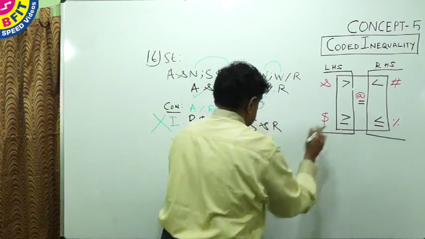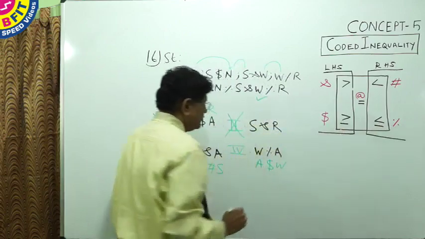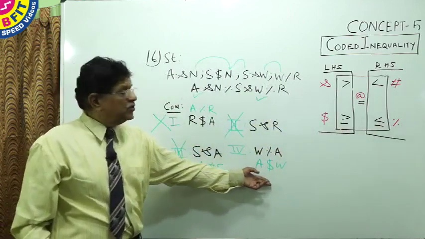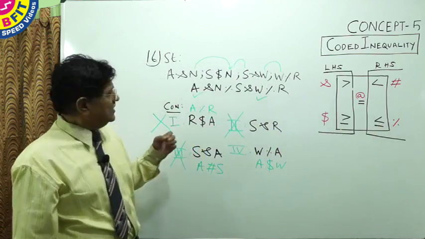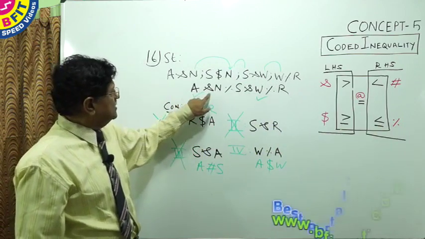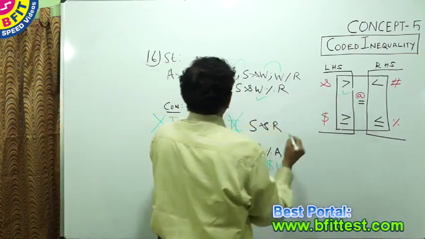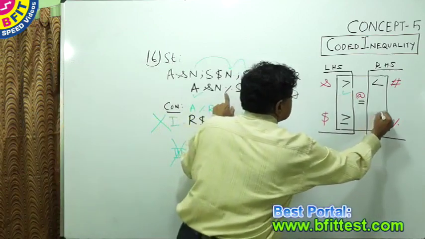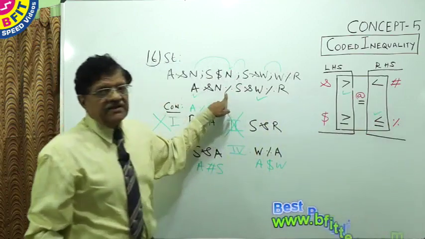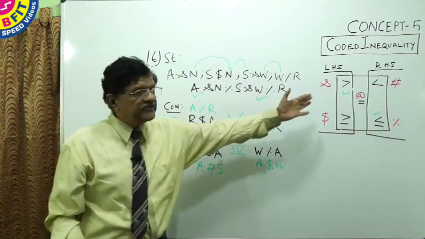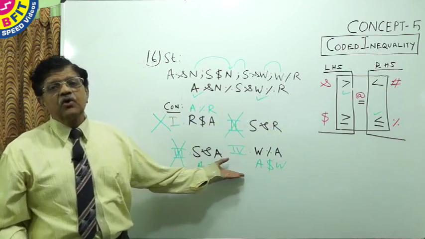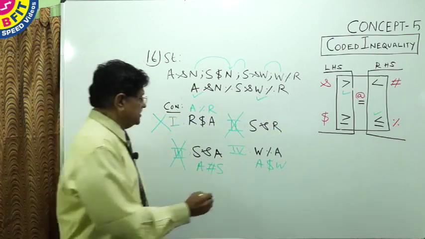Opposite to percentage is dollar. Now, we have to verify whether A dollar W is true. Now, let us see in the magic box. Which are all the symbols? Ampersand, percentage. We need not verify further. Why? We have crossed from left hand side to right hand side, and therefore no conclusion is possible.